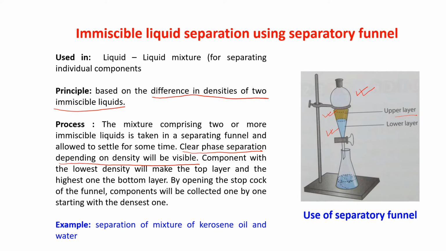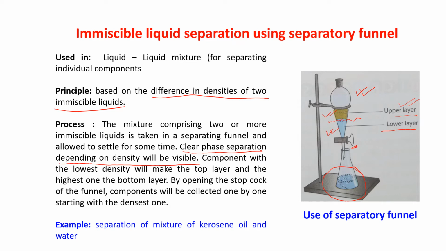After that, when you will see a clear phase separation like here it is seen, open the tap and allow the lower liquid of the lower layer to fall. When the conical flask will be filled with the liquid of the lower layer, close the stopcock and the liquid of the upper layer will remain in the separating funnel.